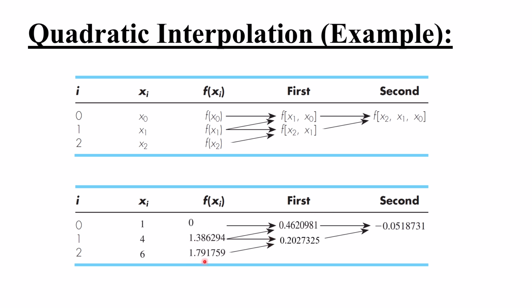Now we take the difference between these two, divided by 2, and we come up with this. Then we take the difference between the two. When we do that, 3 points are involved, so we have to take 6 minus 1. Divided by this difference, we come up with this value. This is the way you can easily calculate this table, and from this table you can easily apply the formula.